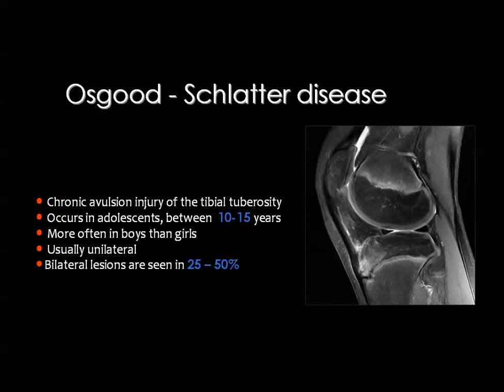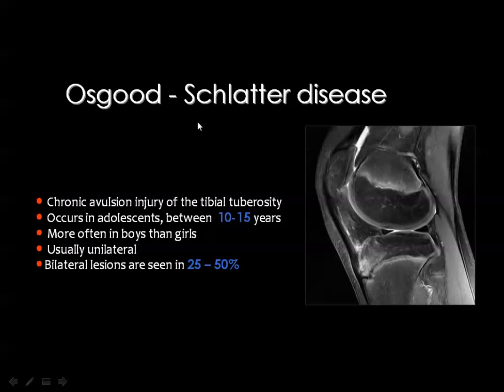MRI of patients with Osgood-Schlatter disease will show, early in the disease, some bone marrow edema at the site of the tibial tuberosity, and you can also see some fluid signal between the tibia and the infrapatellar tendon.